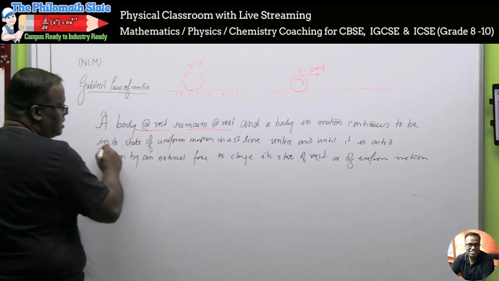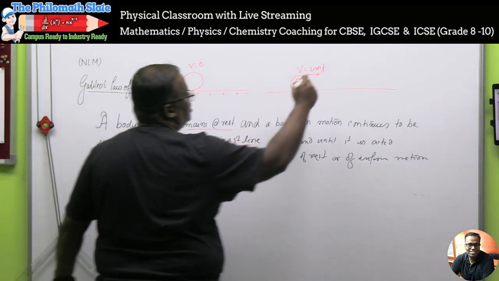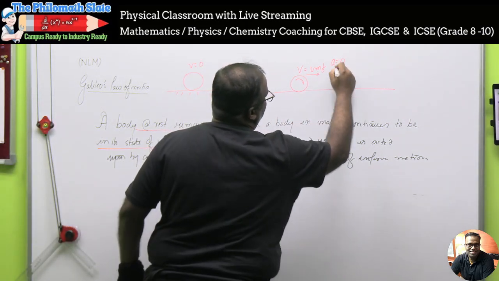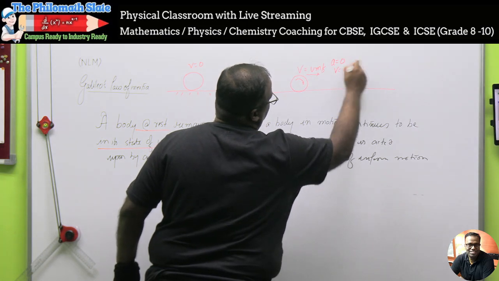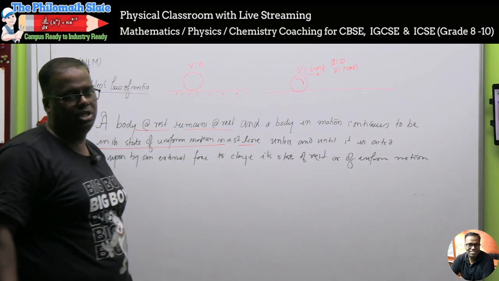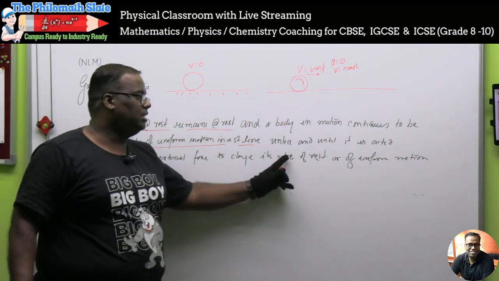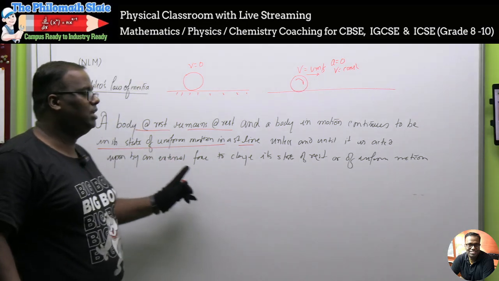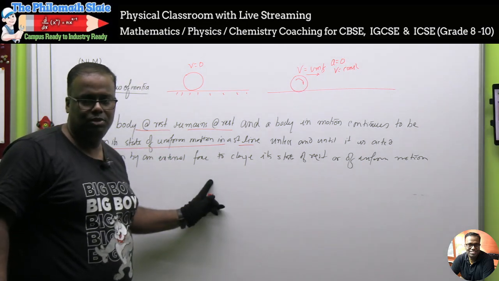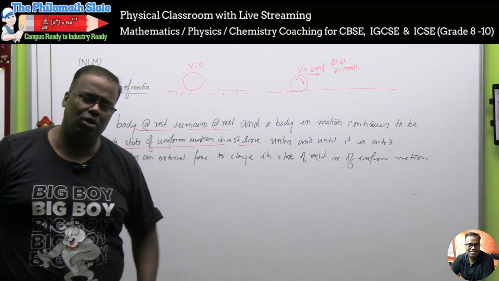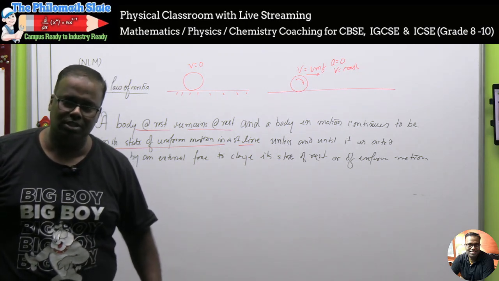Unless and until, in a state of uniform motion, that means acceleration will be zero and v will be constant. It will keep on moving, uniform motion in a straight line, unless and until it is acted upon by an external force. Now you tell me, if I roll a football, will it stop on the ground? Yes.